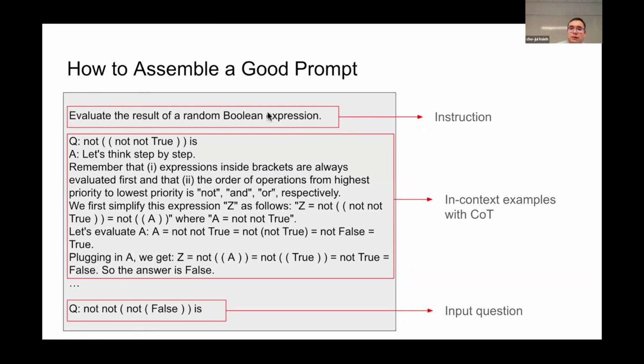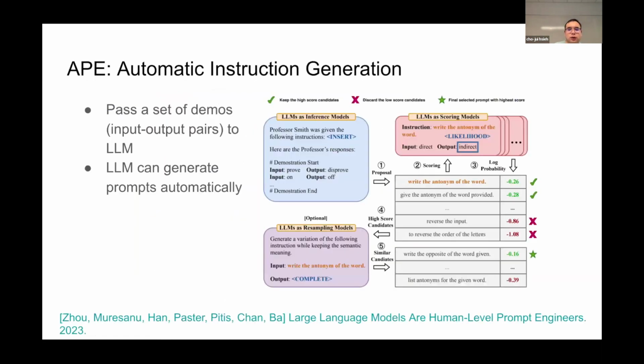Maybe I'm not exactly sure what instruction I should use, or I don't know the best way to write this instruction. So the question is, can I use the training data, like just 3 or 5 input output pairs, to automatically generate this instruction?